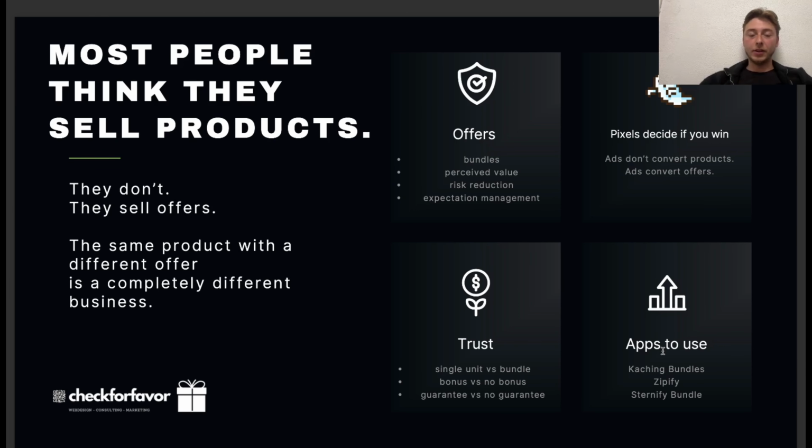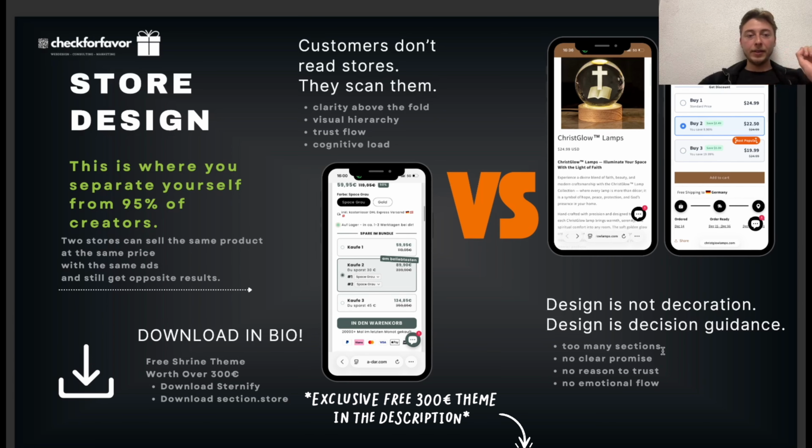All right, then we come to the store design, guys. This is where you separate 95% of creators. Two stores can sell the same product at the same price with the same ads and still get opposite results. As I explained before, those two stores could sell the same thing, but the one on the left could convert better because it looks much cleaner. Maybe it loads faster.